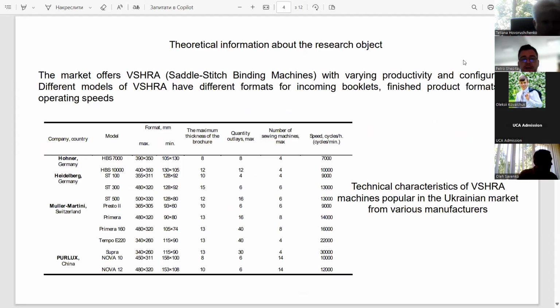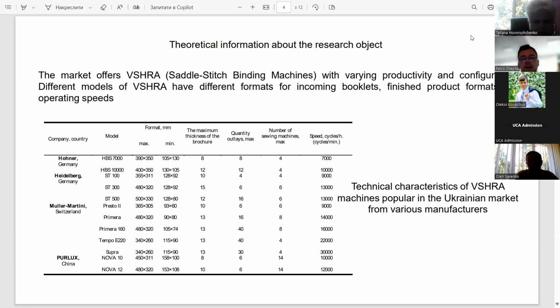The makers offer saddle stitch binding machines, which vary in productivity and configuration. Different models have different formats for incoming booklets, finished products format, and operating speed. We can see these makers in the table, and different enterprises have different machines.